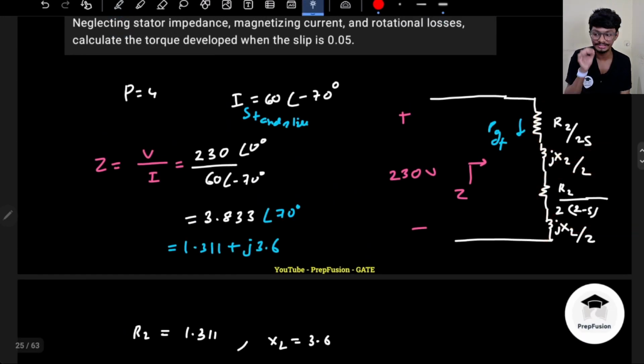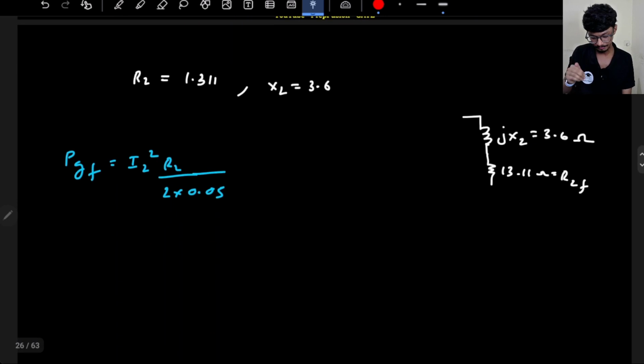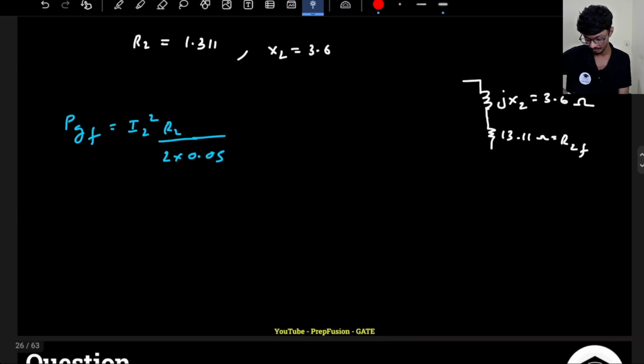The backward field resistance you will see is much smaller, so that's why the voltage drop is also much smaller in the backward field resistance.